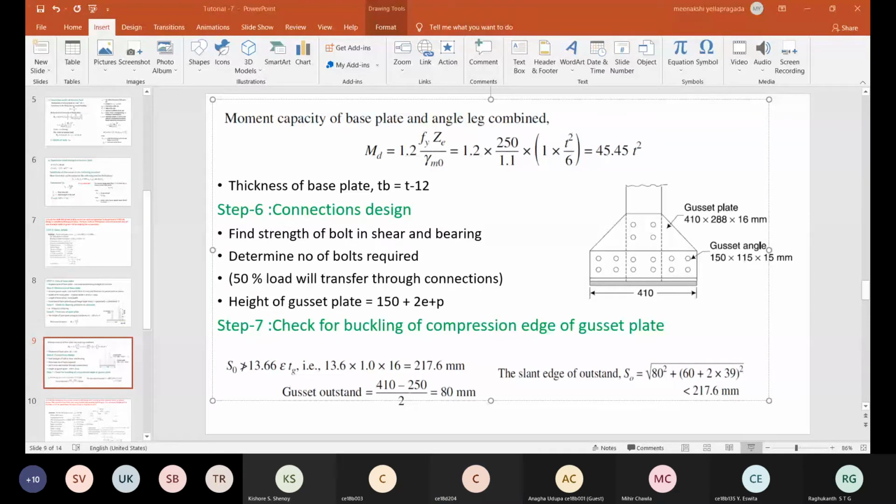You know Mx, which should be equated to 45.45 T square. From that you will get the TB. Or at least tell me the total T you got.